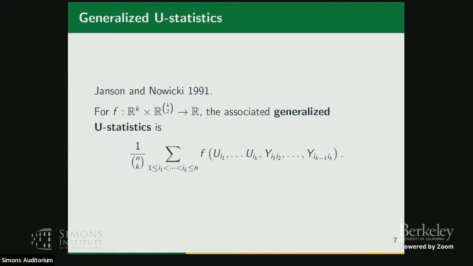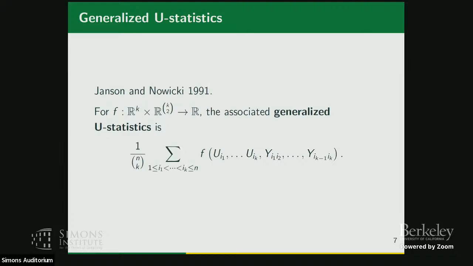So we go back and look at the work of Janson and Nowicki, which defines the generalized U-statistics and their application to random graphs. Just to define the generalized U-statistics, let's say you have a function f from R^k cross R^(k choose 2) to R. Here R^(k choose 2) is all possible k choose 2 combinations for your index sets, so you have this pairwise dependence also in the arguments.